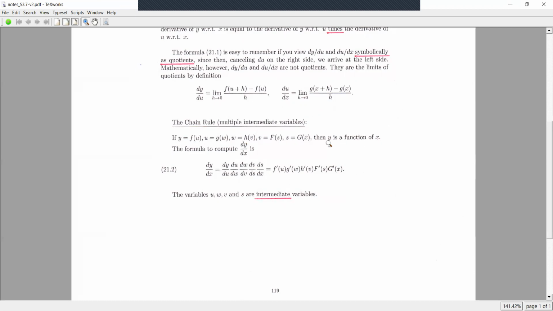Now, the formula to compute the derivative of this function is dy dx is equal to dy du.